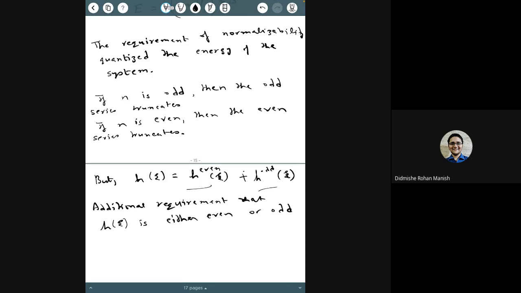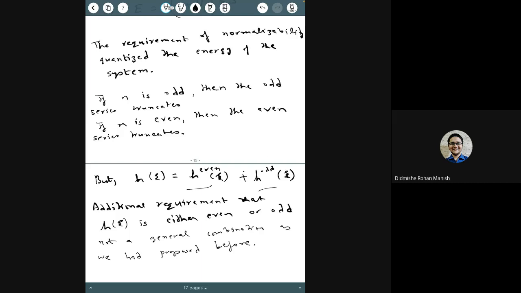Okay, it's either even or odd, not a general combination as we had proposed before. So we discard the general solutions in favor of some specific ones.